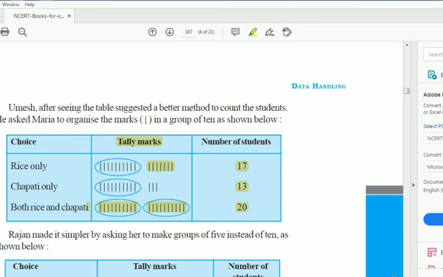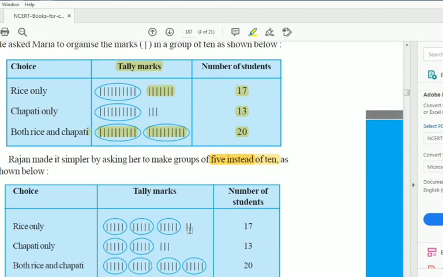But Rajan made it simpler than Umesh by asking her to make groups of 5 instead of 10. Okay, look here carefully, we have to make a group of 5 instead of 10. There are three columns: choice, tally marks, and number of students. But the marking is different.